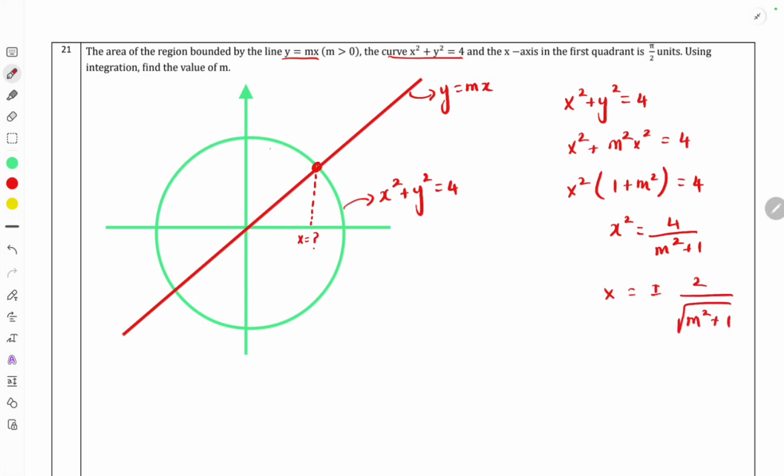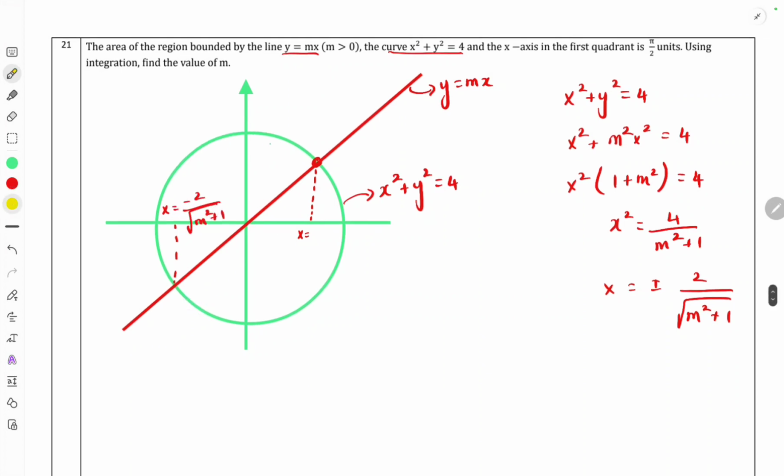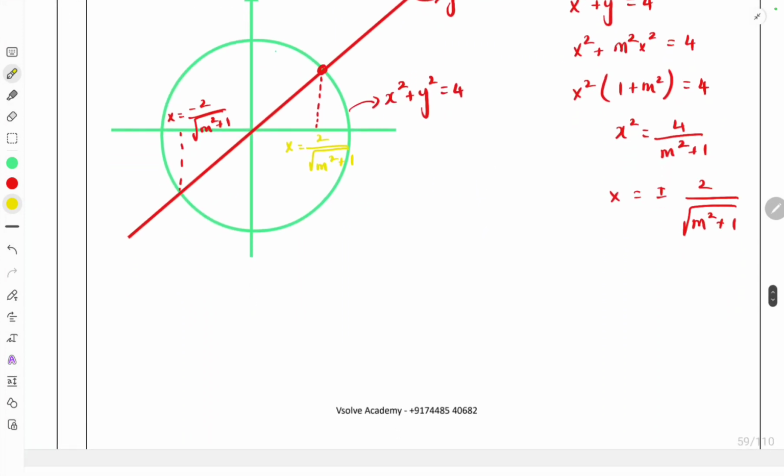But since we are in the first quadrant, the negative one is in the other quadrant, minus x equal to minus 2 divided by root of m square plus 1. And here we need only this one, so x equal to 2 divided by root of m square plus 1. So we have to take one strip from x equal to 0 to 2 divided by root of m square plus 1.